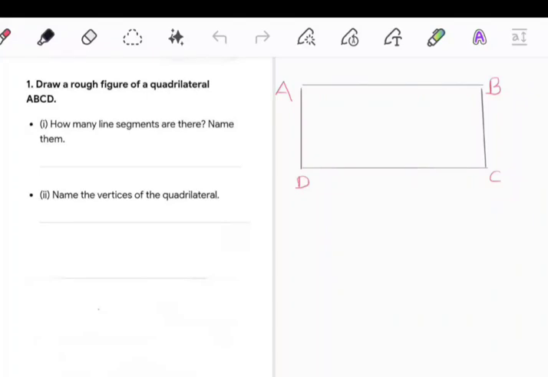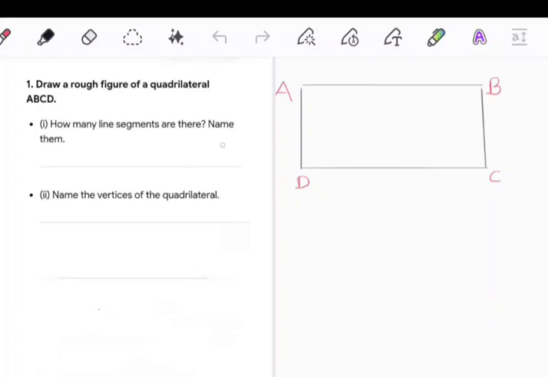Question number 1. Draw a rough figure of quadrilateral ABCD. How many line segments are there? Name them. A quadrilateral has 4 line segments, that is 4 sides.